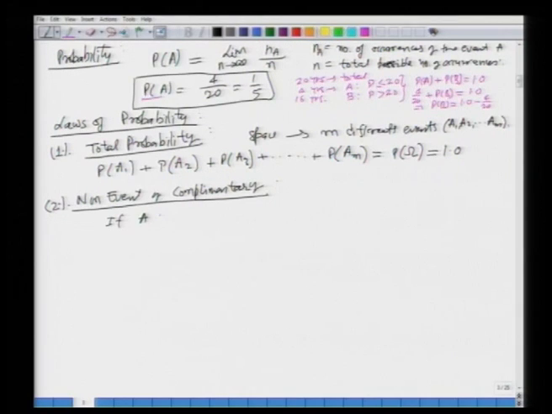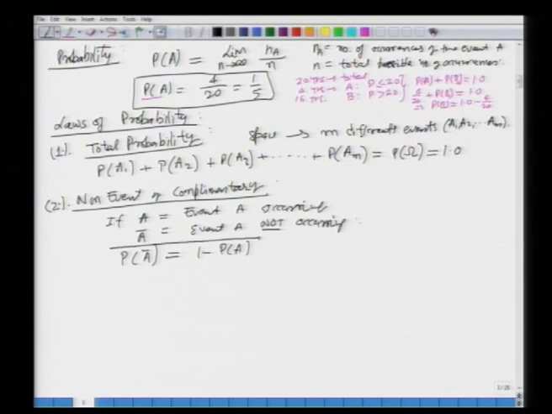As it is clear, if A is your event A occurring, all right, and if you define another event A bar as event A not occurring, okay, then your probability of the complementary event, which is A bar, is given as what? 1 minus P(A).